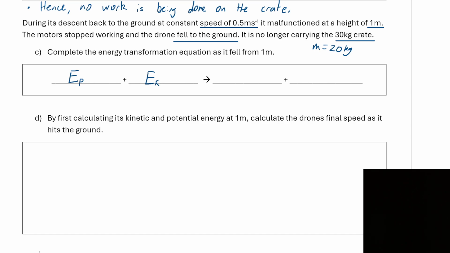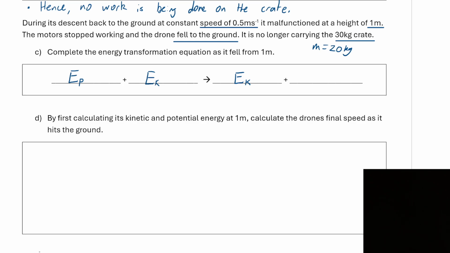Okay, now the motor's stopped and it falls or plummets to the ground. As it's falling, what's happening to its potential energy? It decreases, and so where does that go? It goes into more kinetic energy. So as it hits the ground, it'll be traveling faster than 0.5 meters per second.